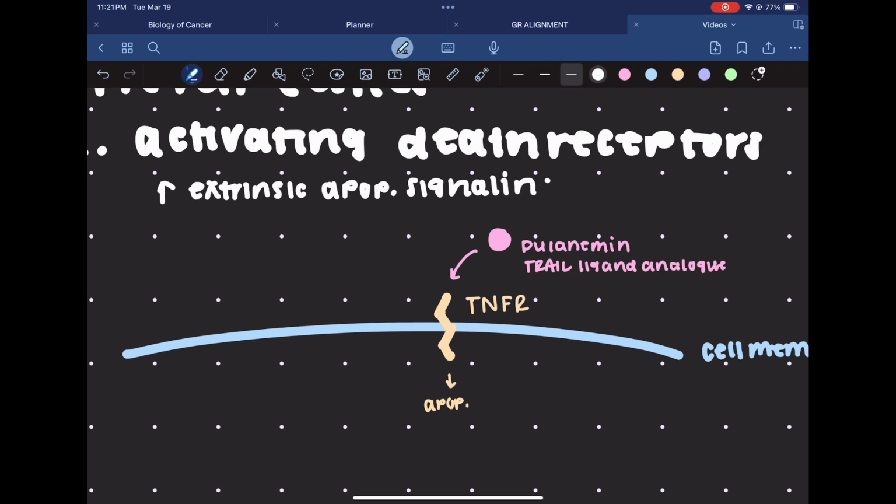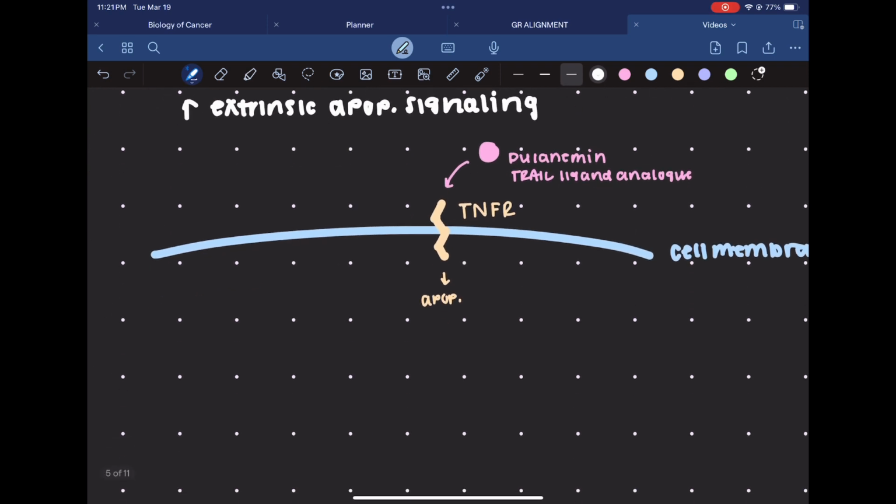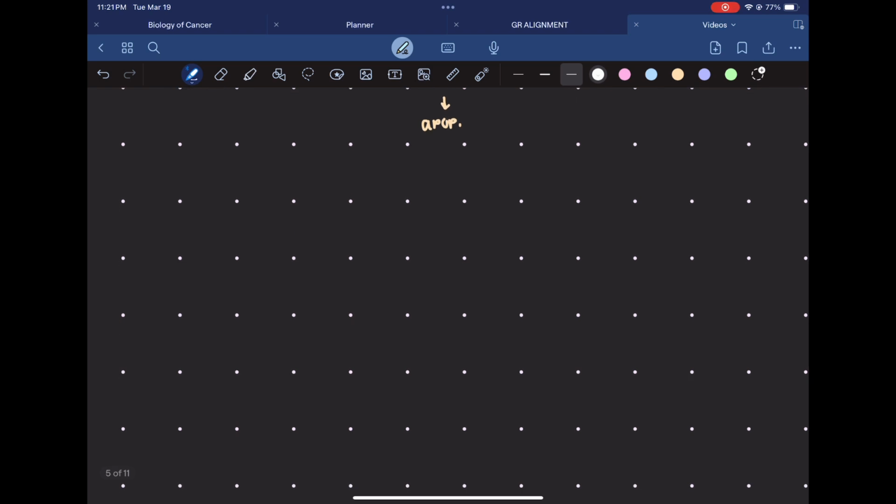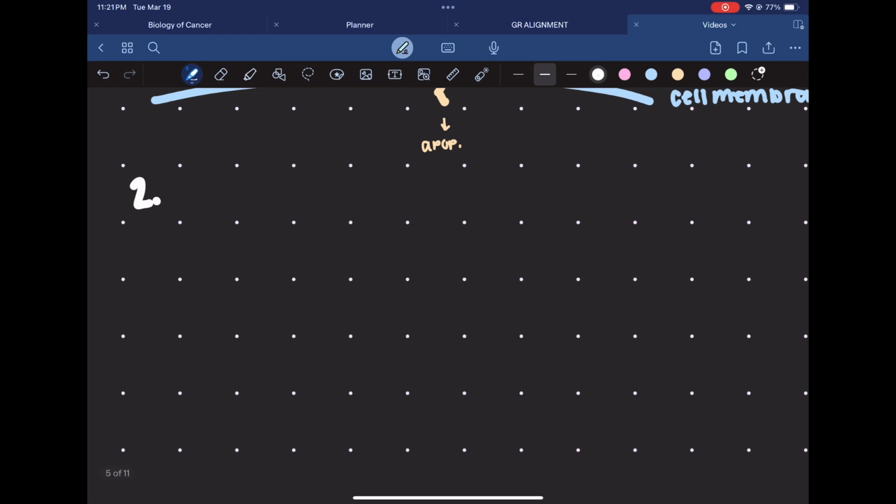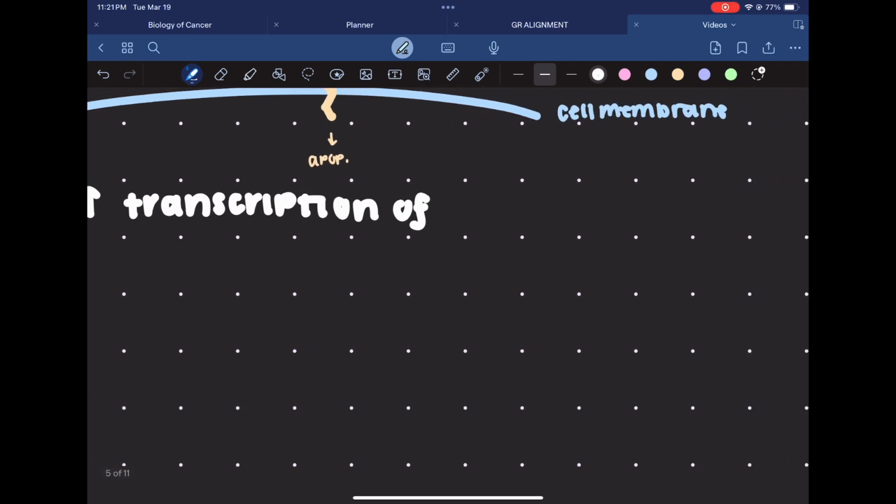A second method can be increasing transcription of pro-apoptotic factors.